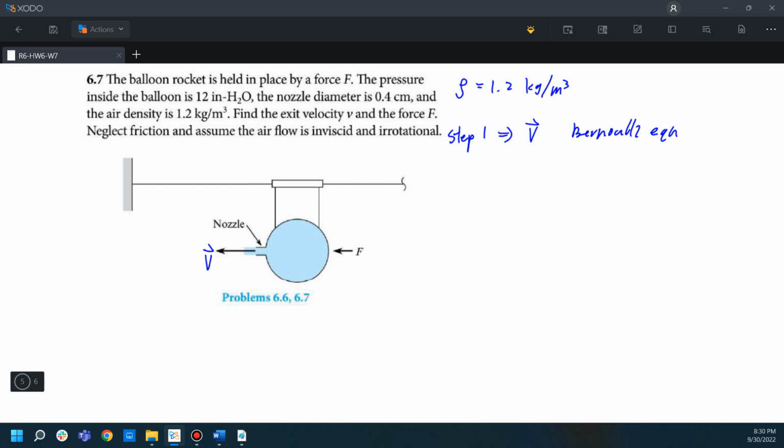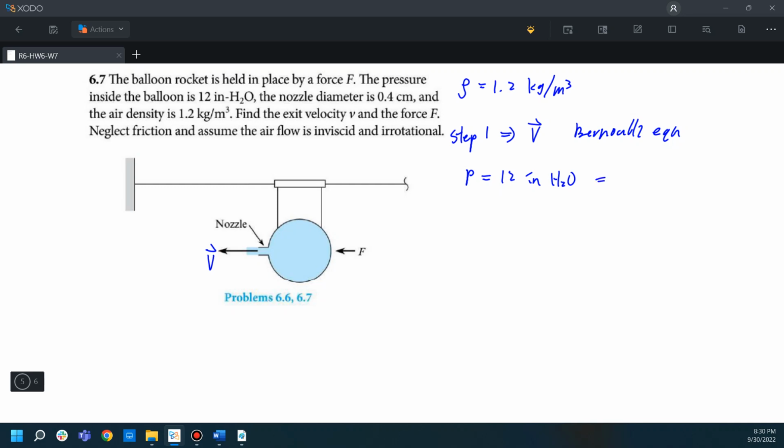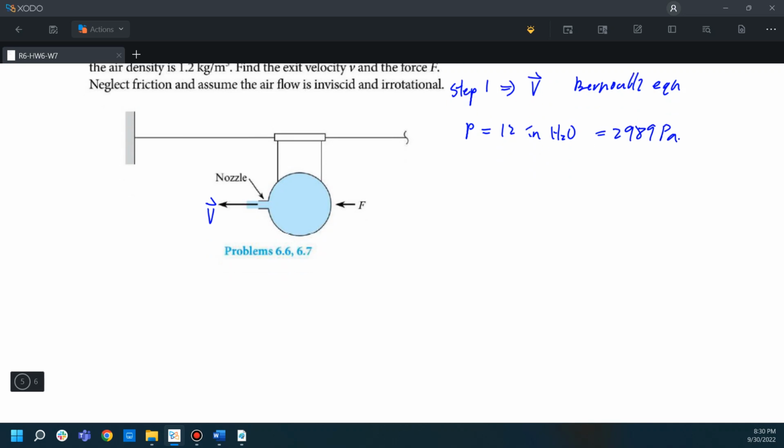And we know that P is equal to 12 inches of H2O, and this is equal to 2989 Pa. The Bernoulli equation tells us that P divided by rho is equal to V squared over 2.